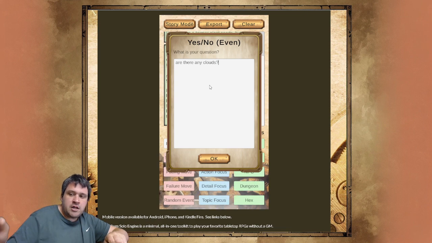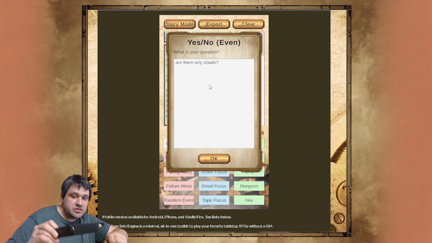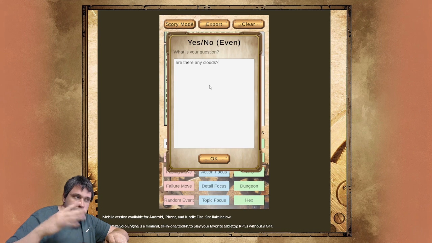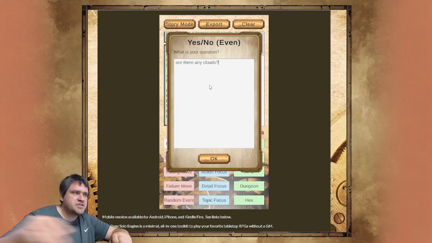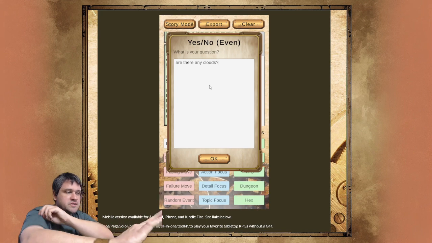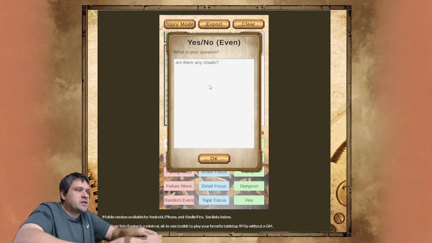I may use dice at times. I still like to use dice for practically almost everything, like for obviously damage, fighting, encounters. But Oracle, perhaps we'll see how this Oracle is towards us because it uses the Oracle from the paper. Are there any clouds?